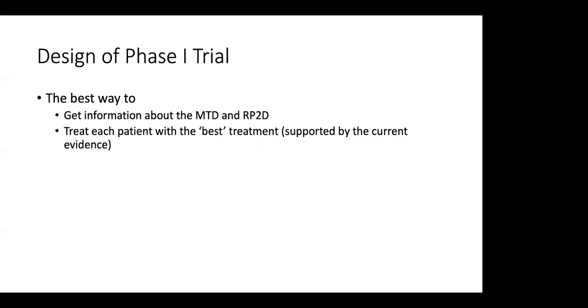All right. So we want to design our Phase 1 trial to find the best way to get information about the MTD and RP2D, and we want to treat each patient with the best treatment. And of course, it needs to be supported by the current evidence.